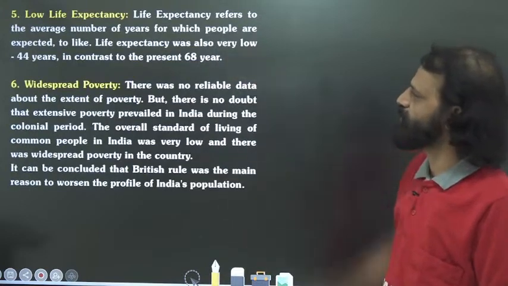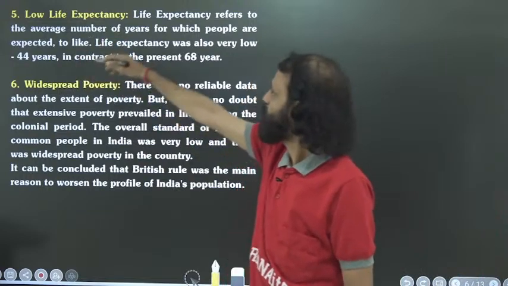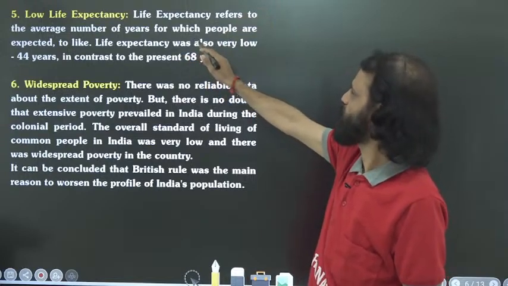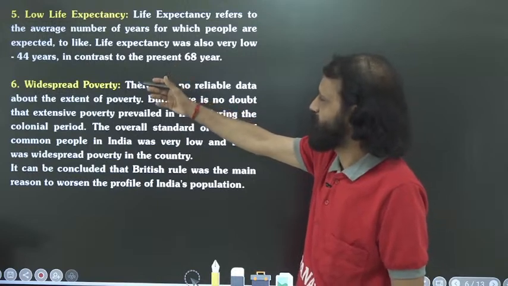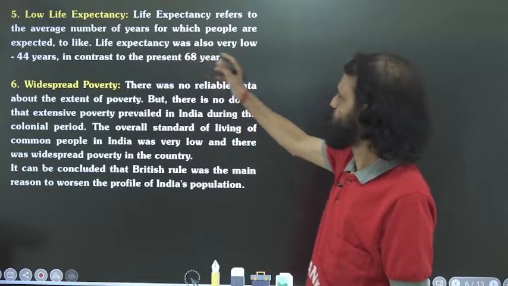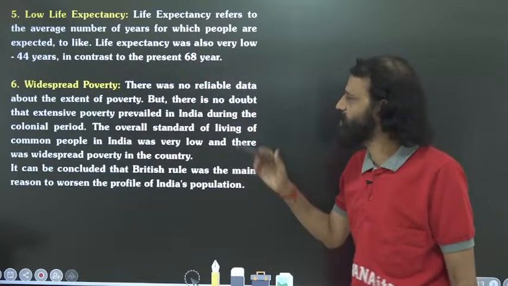Check the next point: low life expectancy, lifespan. Life expectancy refers to the average number of years for which people are expected to live. Life expectancy was also very low, 44 years, in contrast to the present 68 years.